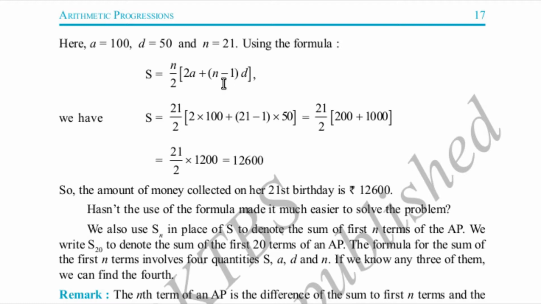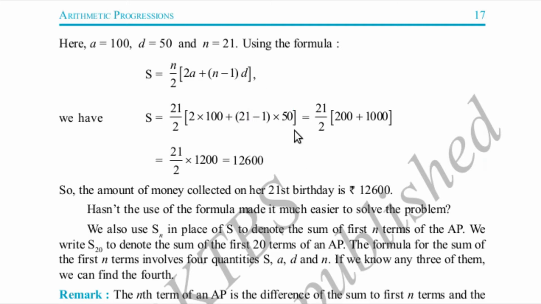We already know the equation. The sum of n terms of an AP is given by n by 2 into 2a plus n minus 1 into D. Now let us plug the values into the equation. The total sum S is equal to 21 by 2, where n is 21, a is 100, again n is 21, and d, the common difference, is 50.